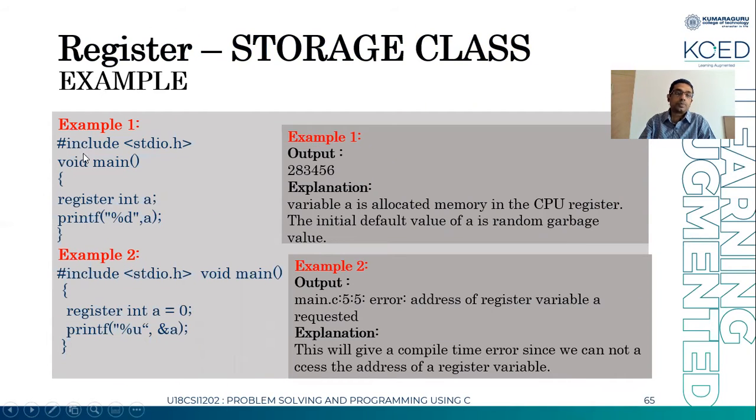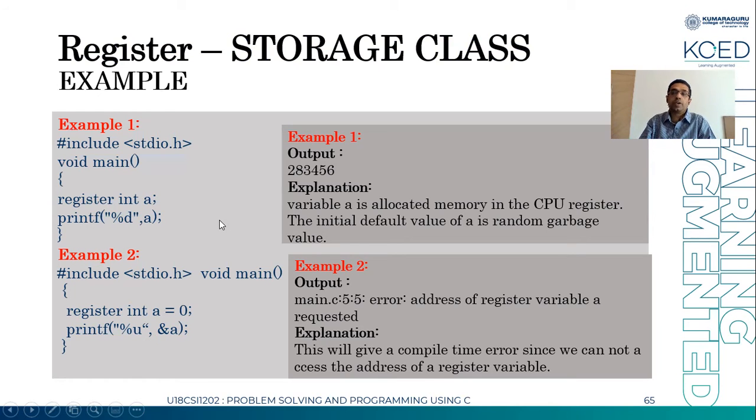Example 1: I'm including stdio.h, the header file, and void main. Inside void main, I'm declaring a register storage class variable, register int a. Register is the storage class, int is the data type, a is the variable name. I'm printing printf of %d, a.